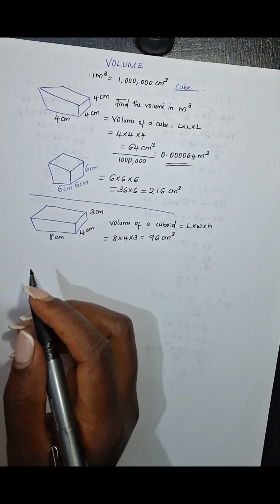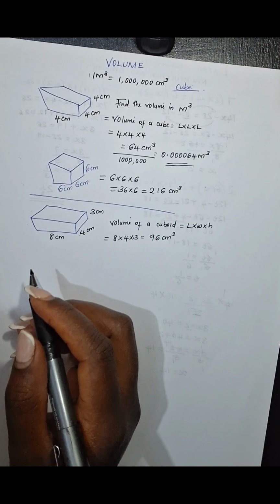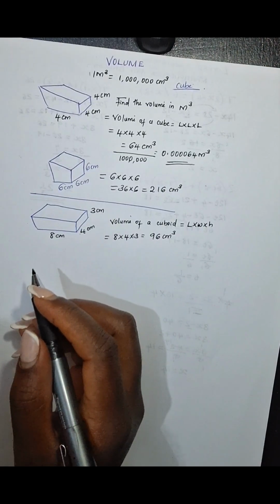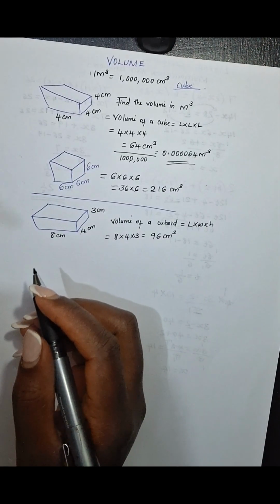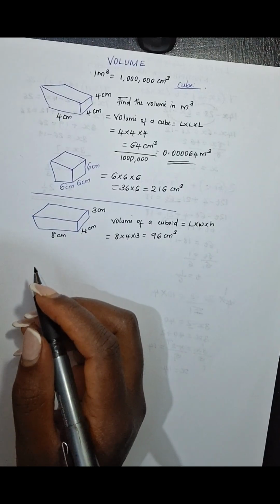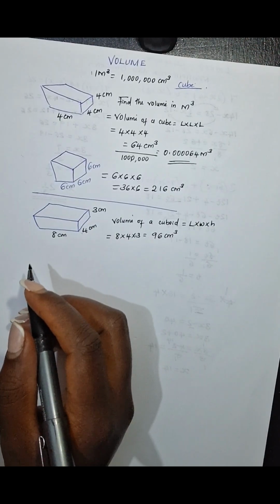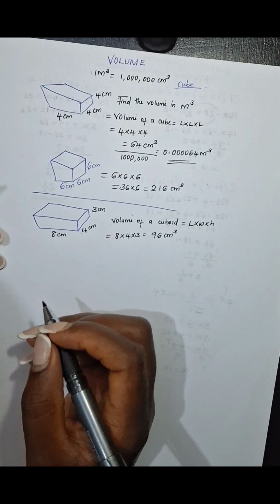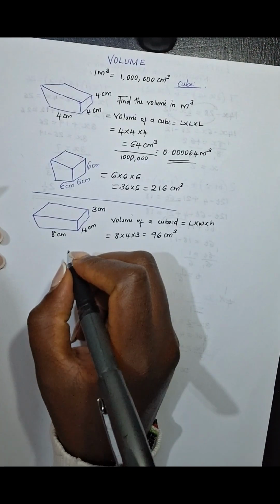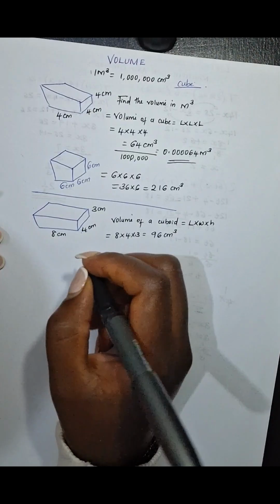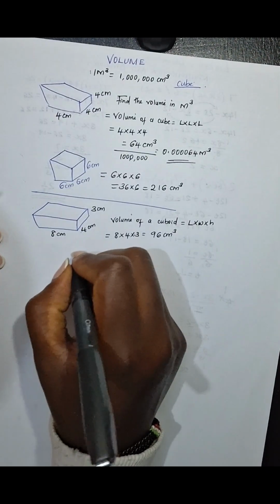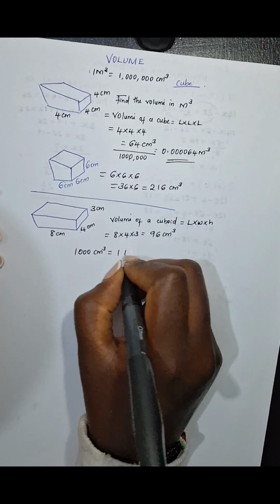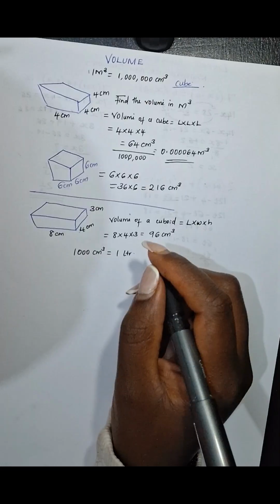So assume that at this point you've been asked how much water can this cuboid or cube hold. So number one, there is this relationship between centimeters cubic and liter, that 1000 centimeters cubic equals 1 liter.